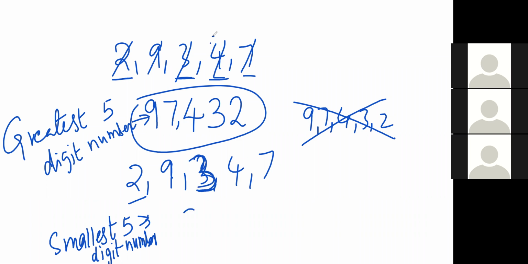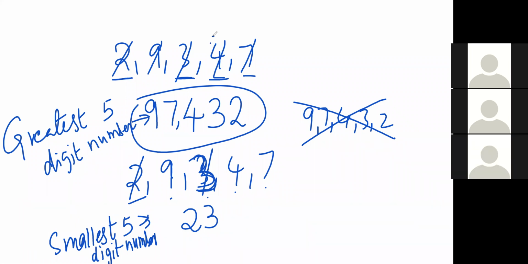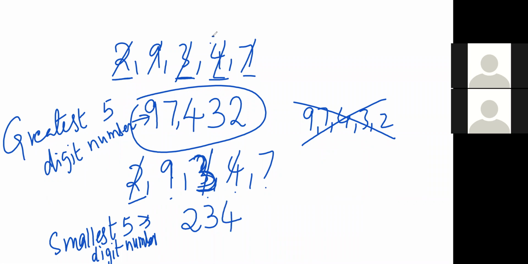Let us take that 2 first. Completed. Next, out of these 4 digits, which one is smaller? 3. This is finished. Next, coming to 9, 4 and 7, which one is smaller again? 4. Next, 7. Next, 9.